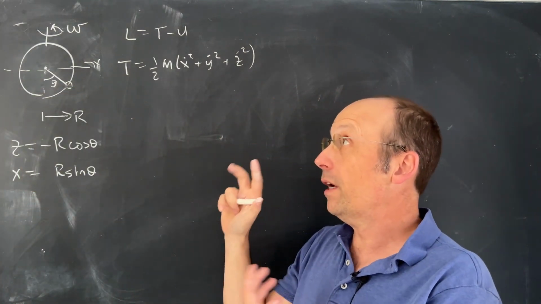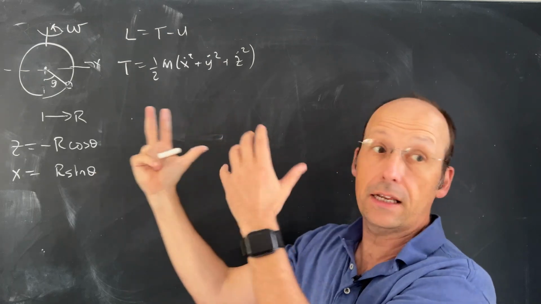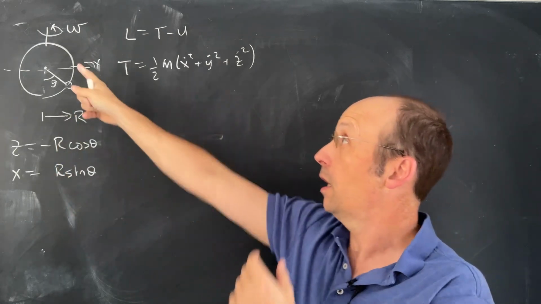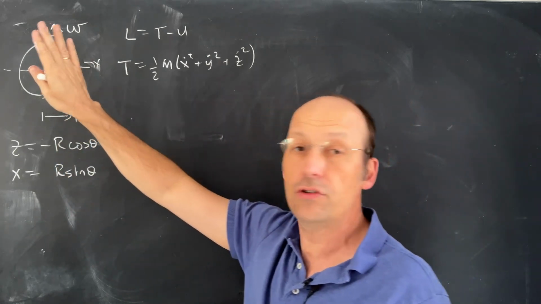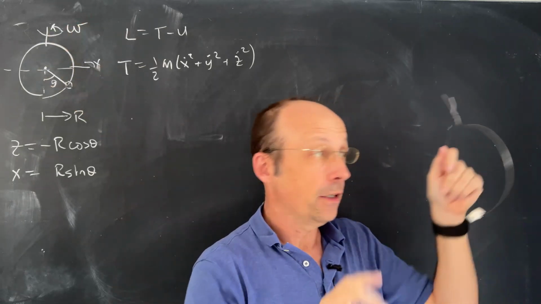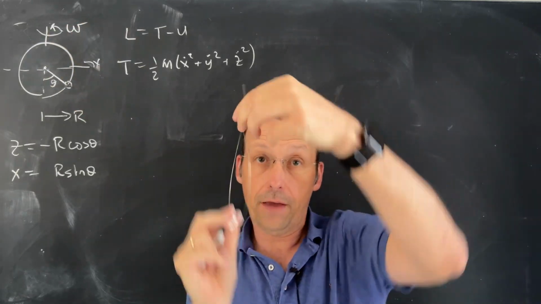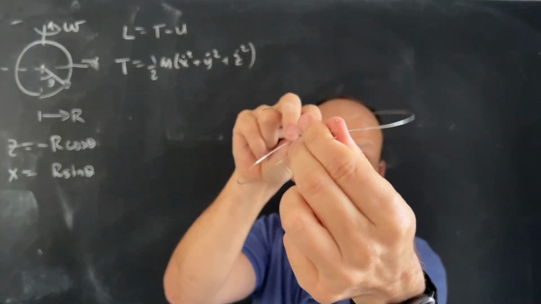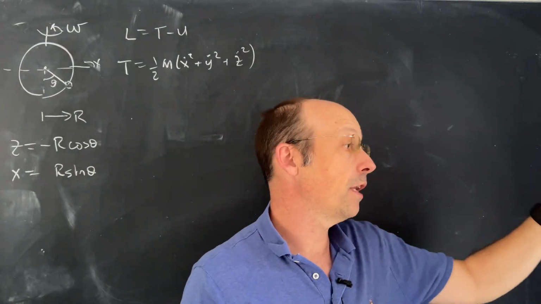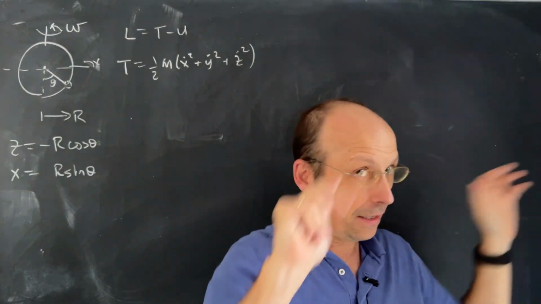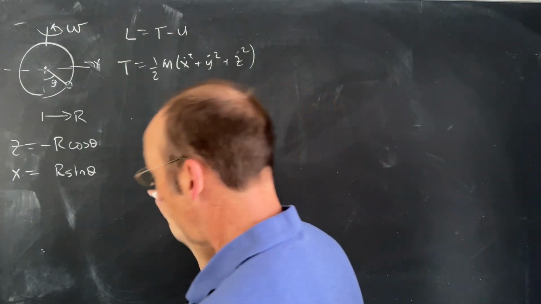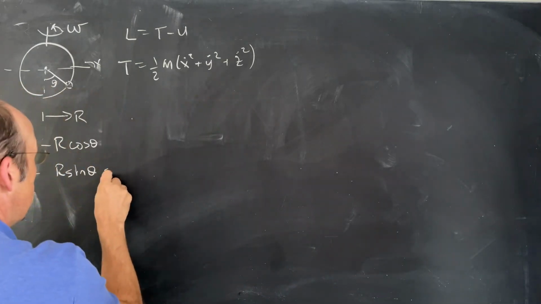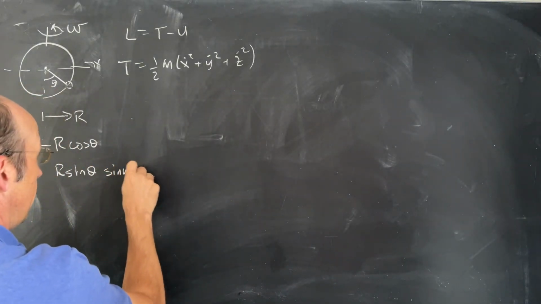But how do I take into account the fact that it's rotating in the z direction? Well, I can just change that angle of rotation. You can imagine looking at it from the top. As I rotate it, I go through the different angles and project that into the xy plane. So I can just multiply this by sine omega t.